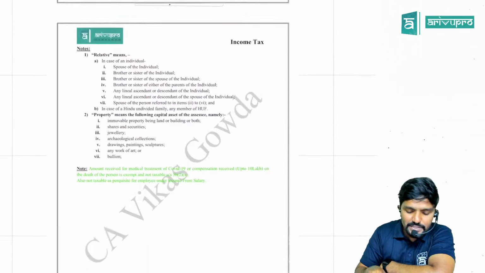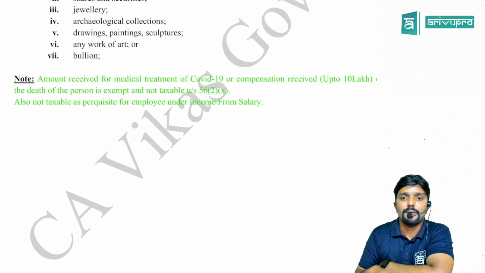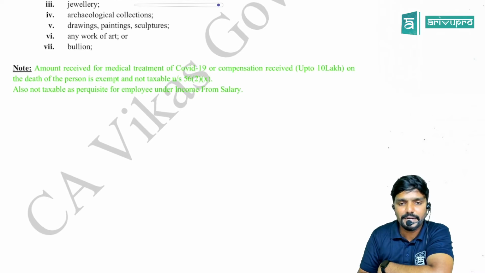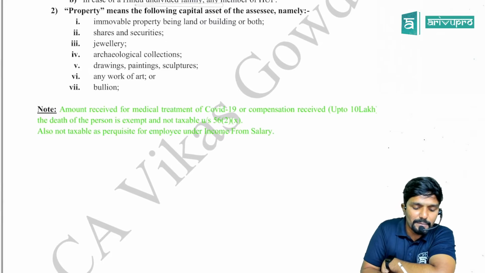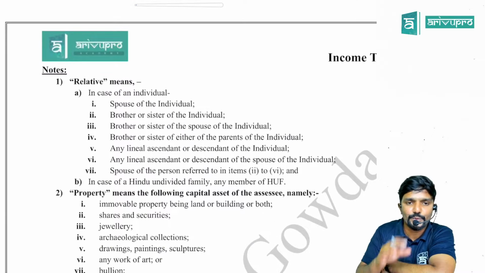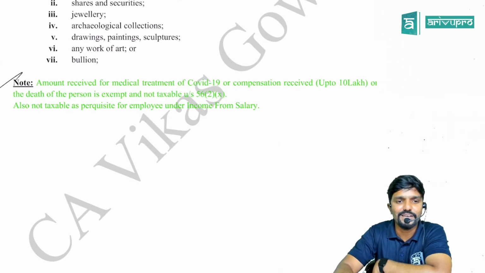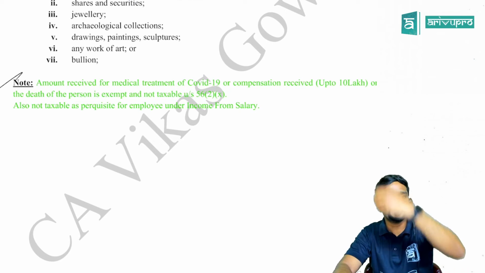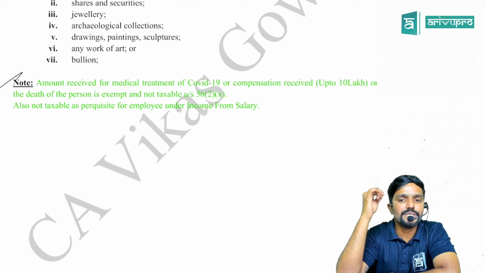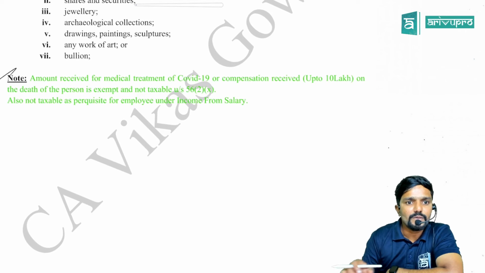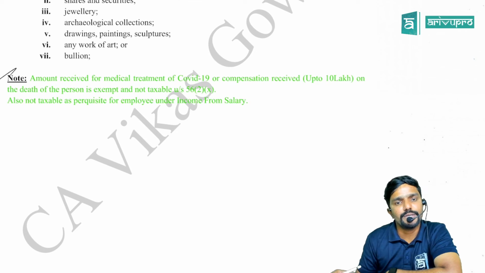Actually, I had mentioned this point in my material, but I had given it in simple points. But now they have elaborated, and a detailed explanation has been given in the law. So accordingly, I have considered. See, you can observe in my material after this point, notes, after notes, there is a note. You can see I have mentioned amount received for medical treatment of COVID-19 or compensation received up to 10 lakh on the death of the person is exempt and not taxable under section 56(2)(x).